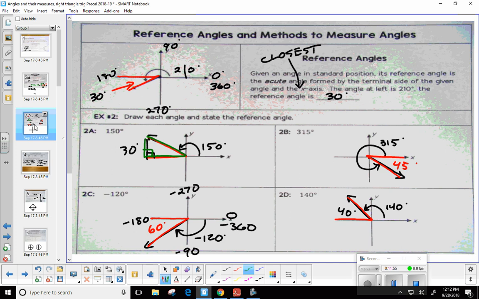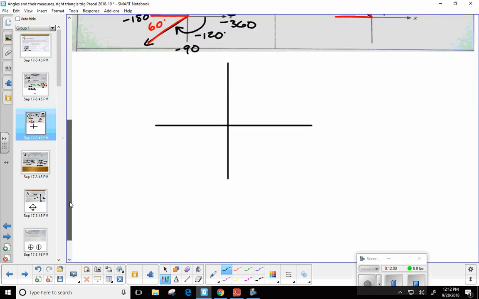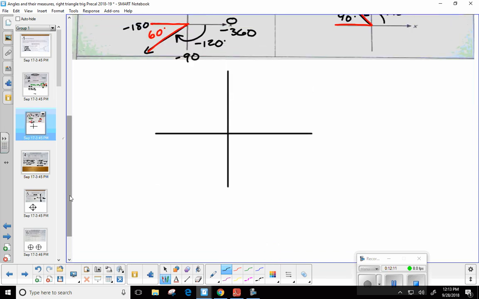Okay, reference angles were always created using the terminal side and the closest x-axis. Okay, so let me go ahead and give you, we got to these, right? Just want to make sure because all the other classes were doing these as well. So if I were to go ahead, let's say I have theta is equal to 205 degrees.